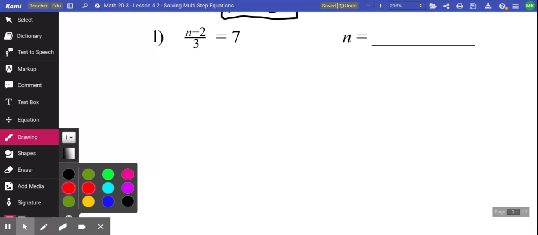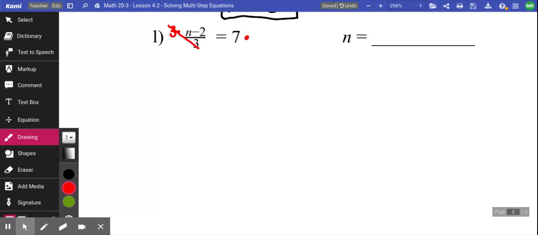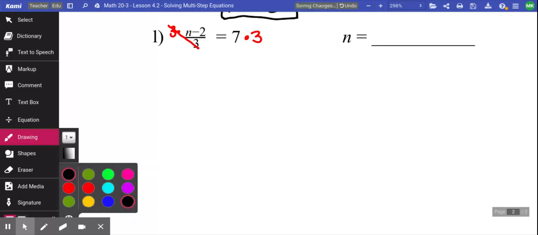I have to multiply both sides by 3 to start this question, which is different than anything else we've done before. We had to get rid of the fraction so we could free up being able to move that 2. Now I can add my 2 to the other side. The order in which you do that is different, so that is one of the harder questions we'll see.